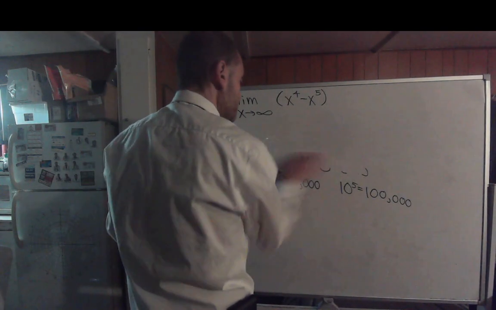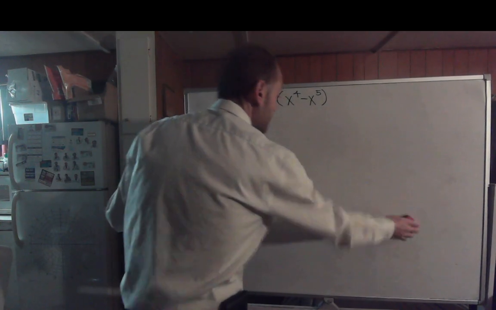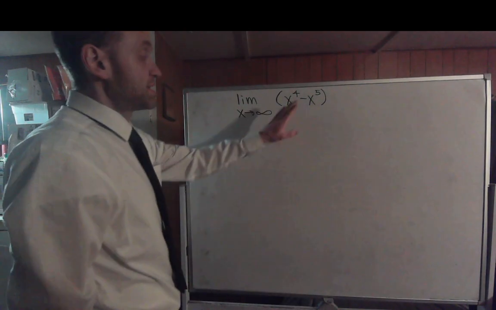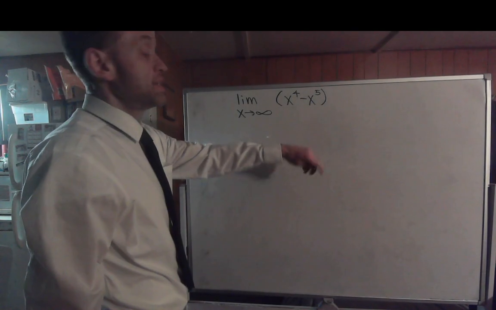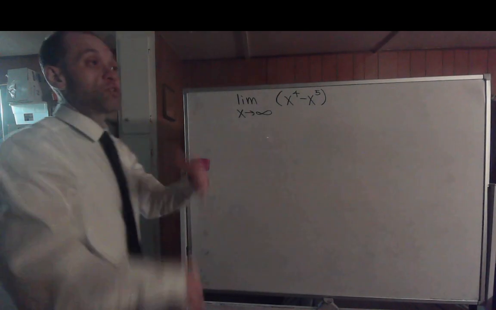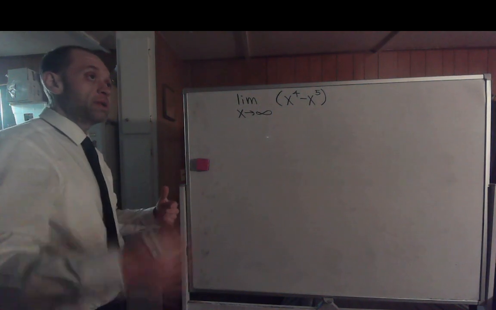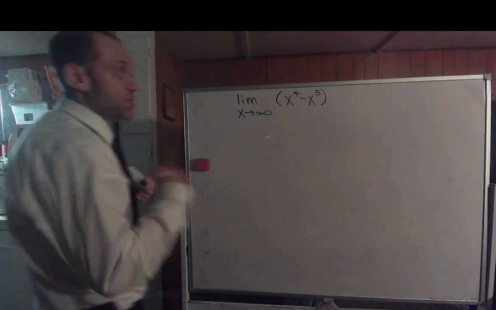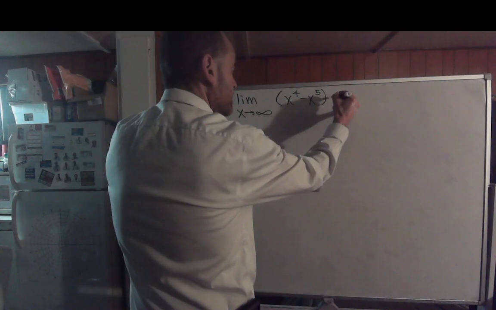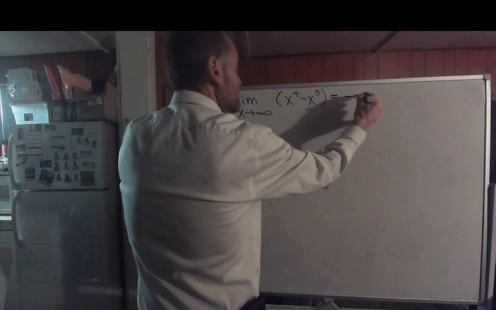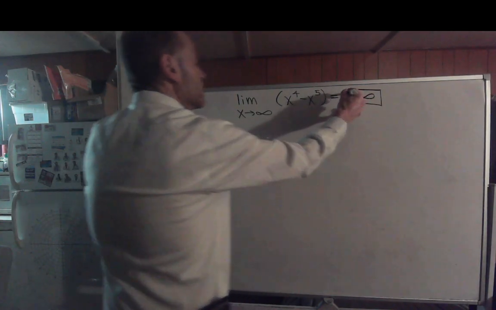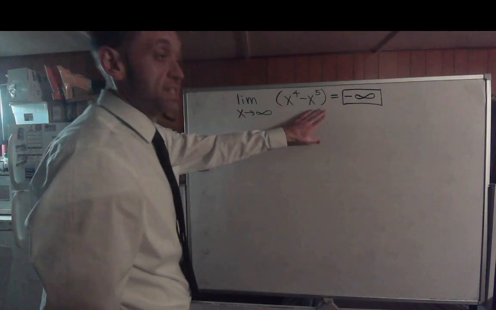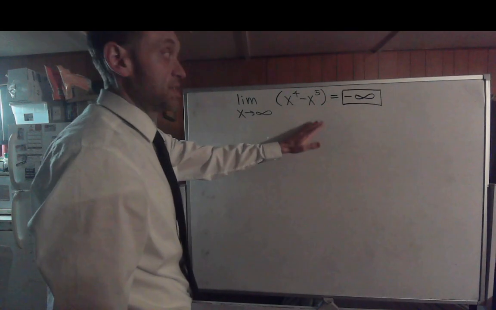So the point I'm trying to drive home here is that you're taking some number minus an even bigger number, and you're going to keep coming up and up to where you're going to get so large and negative you actually go towards negative infinity. So in this case, the actual limit would end up being negative infinity, simply for the fact that x to the 5th increases faster than x to the 4th.